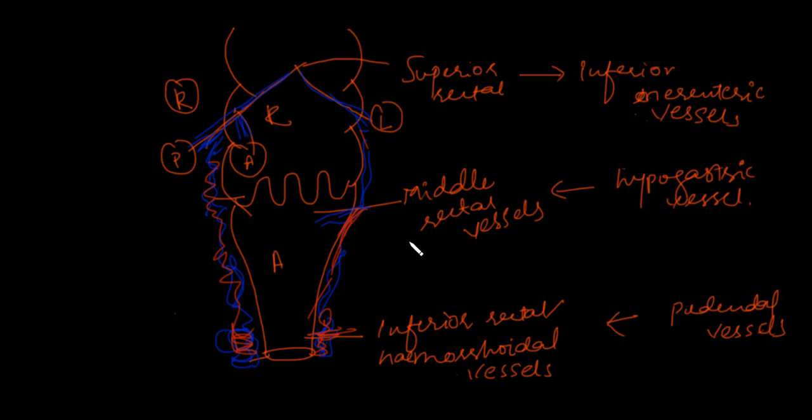Next, to form the hemorrhoidal plexus, the middle rectal vessels come from the hypogastric vessels, and the inferior rectal or hemorrhoidal vessels come from the pudendal vessels. This is the main theme of portosystemic anastomosis here: the superior rectal veins, coming from the inferior mesenteric vessel, are part of the portal system, and the pudendal vessels are part of the systemic vascular system.